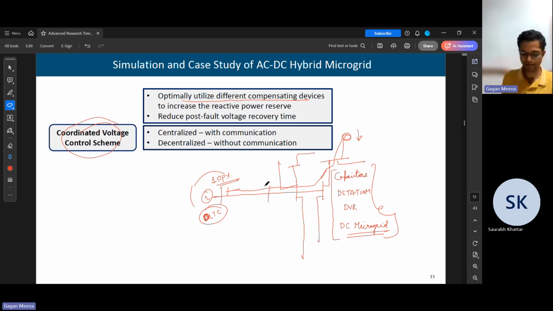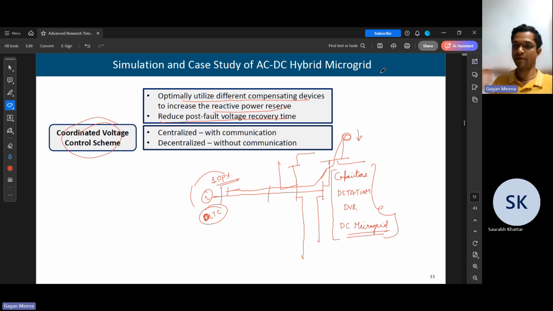So in case there is some fault, if the reactive power reserve is high, then the post-fault recovery will be very fast, very quick. That's why it reduces the post-fault voltage recovery time.